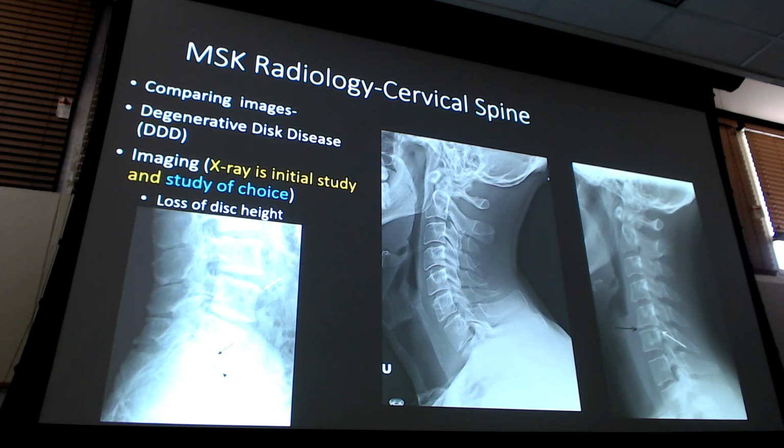When you start to have that narrowing of that disc space, that's your degenerative disc disease starting to be the arthritis. Eventually there's going to be osteophytes. Eventually this will get a little bit worse, right? The disc space might go away completely. But this is why X-ray is the study of choice. We can see it really nicely on those X-rays. Questions on those disc spaces?